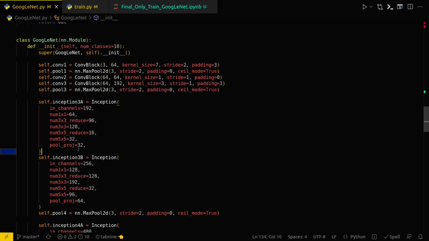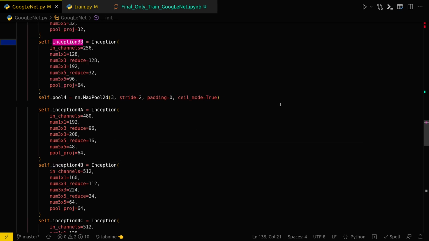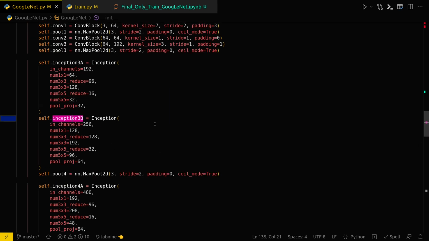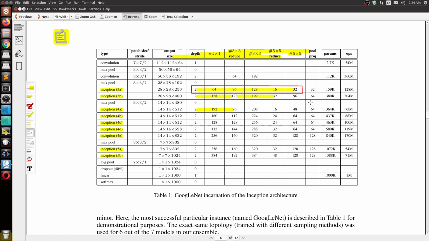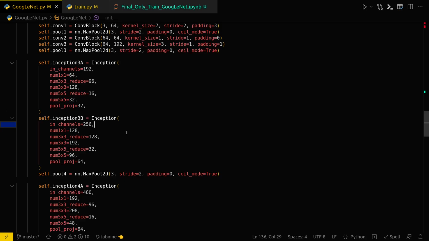That's my Inception 3A. Now for Inception 3B, again, the numbers are just according to the table. Let's go back to the paper. Yep, Inception 3B. 256 was the output channel number from Inception 3A, so that's why 256 would be my input channel for Inception 3B.